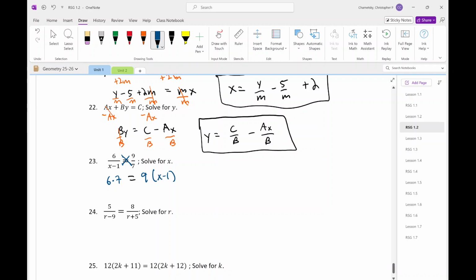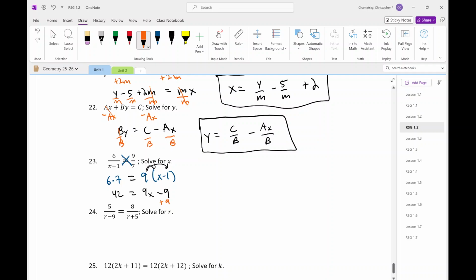Okay, and then we solve for x. So 6 times 7 is 42. Distribute that 9, so we have 9x minus 9.